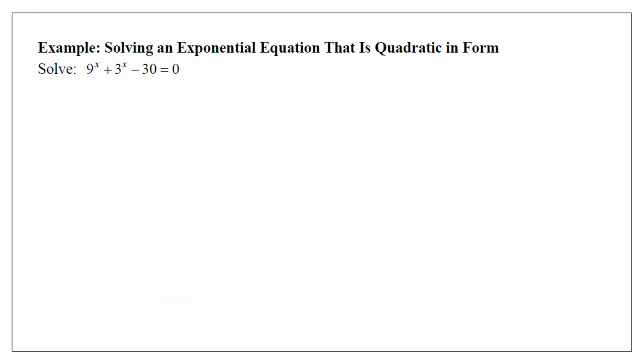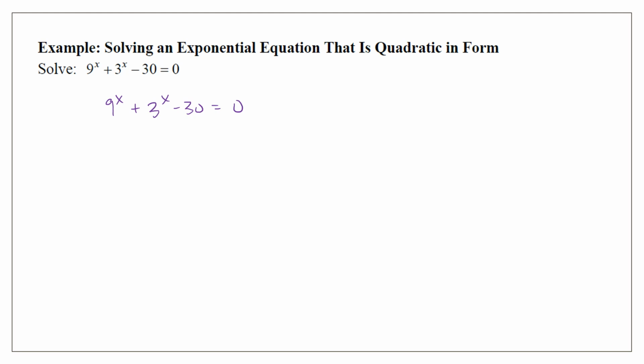All right, let's turn it up a little. We're going to solve an exponential equation that is quadratic in form. So here we have the equation 9 to the power x plus 3 to the power x minus 30 equals 0. Okay, so how is this quadratic in form?